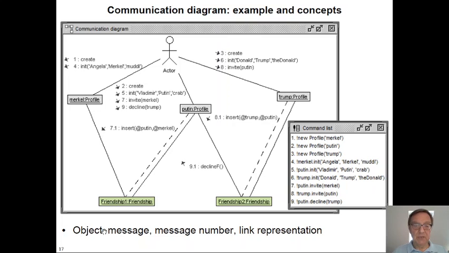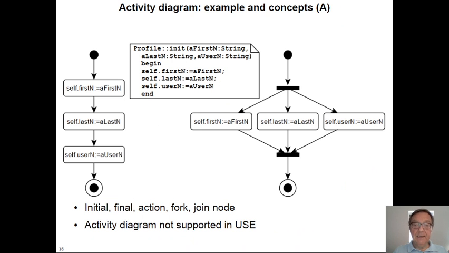So in the communication diagram, we have objects, messages, message numbers, and a link representation which is close to objects. Basically, these are the diagrams which are supported by USE. There's one important diagram that I want to mention here. That's the activity diagram, which is not supported in USE.